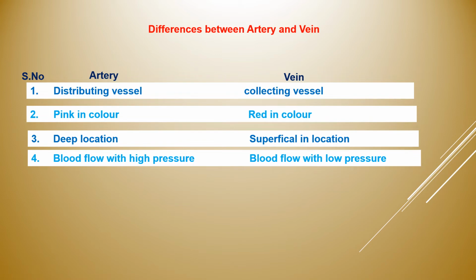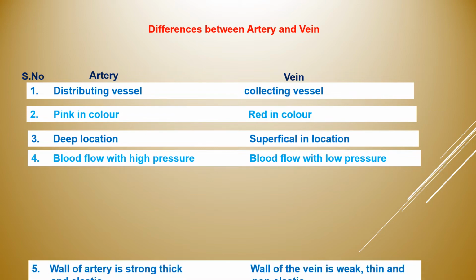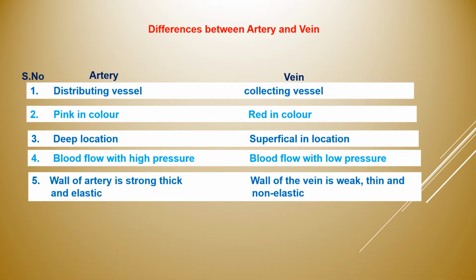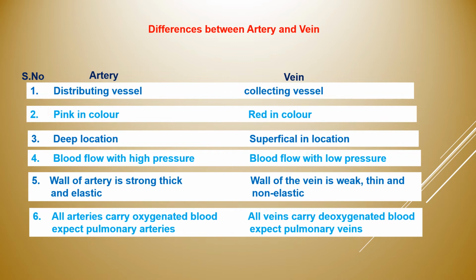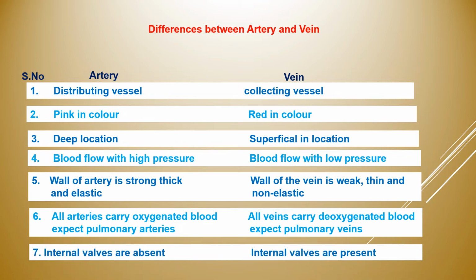Blood flows with high pressure in arteries and low pressure in veins. The wall of an artery is strong, thick and elastic. The wall of a vein is weak, thin and non-elastic. All arteries carry oxygenated blood except the pulmonary artery. All veins carry deoxygenated blood except the pulmonary vein. Internal valves are absent in arteries and present in veins.